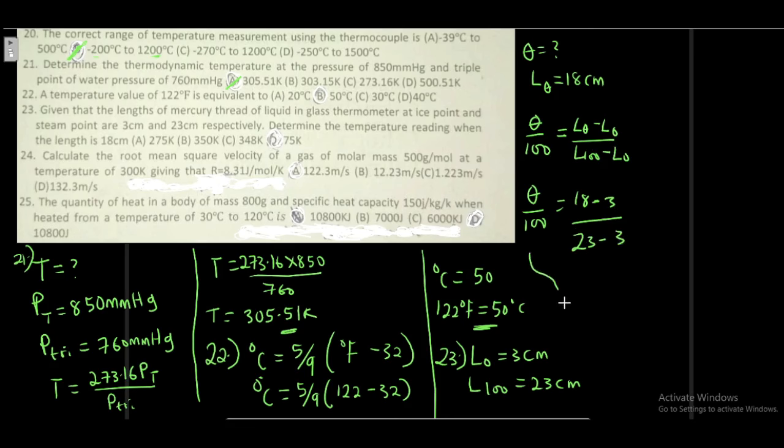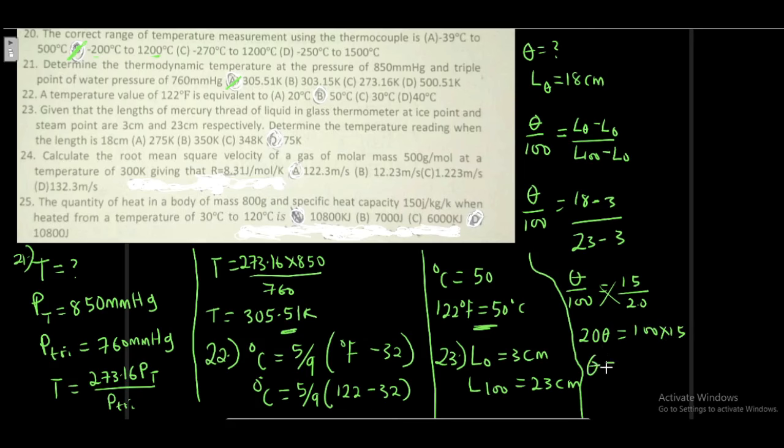So that will give us unknown temperature over 100 equals 18 minus 3, which is 15, all over 23 minus 3, which is 20. So now we cross multiply: 20 times the unknown temperature, we have 20 theta equals 100 times 15. To get the unknown temperature, we divide both sides by 20.